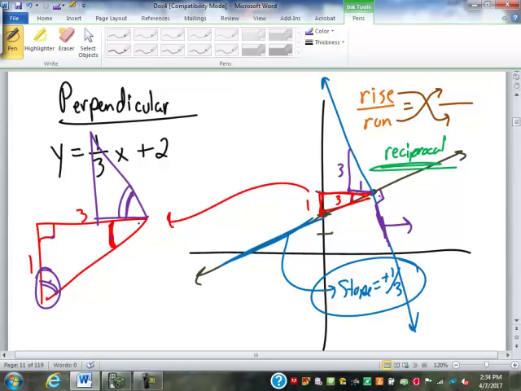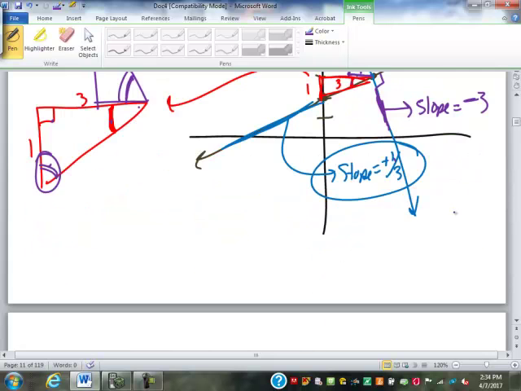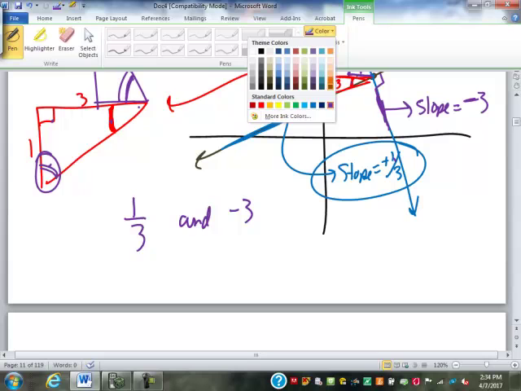In order to intersect it at a right angle, it has to go down as it goes across the graph. So that has a negative slope. Its slope, and we said we're going to exchange the rise and the run, is a negative 3. So I have slopes of a positive 1/3 and a negative 3 to make perpendicular lines.